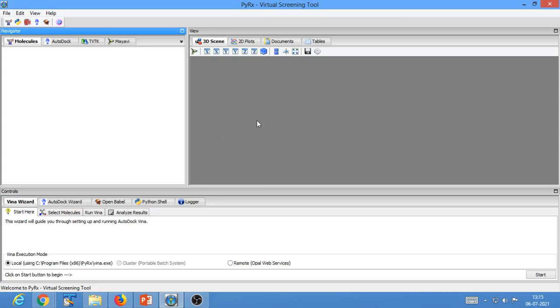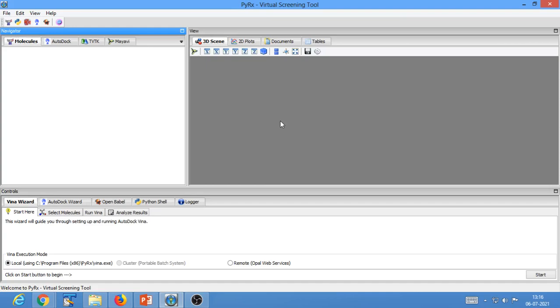PyRx is a graphical user interface for a very popular program called AutoDock. AutoDock basically runs in the background, and what you see here is just a GUI. So when you use this program, you are actually using AutoDock to run your molecular docking simulations.